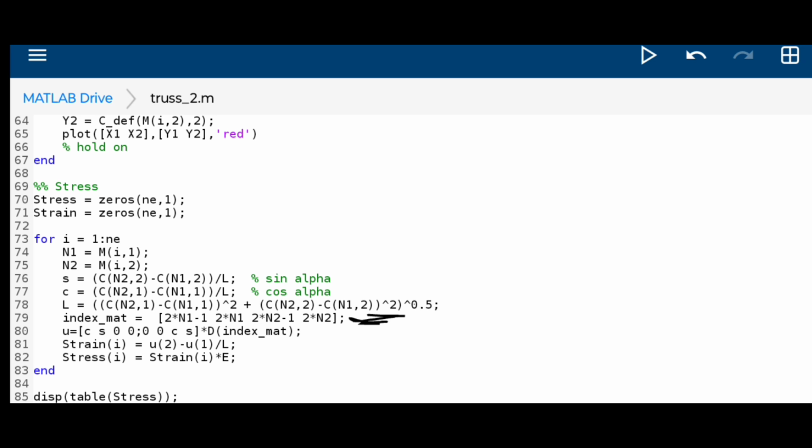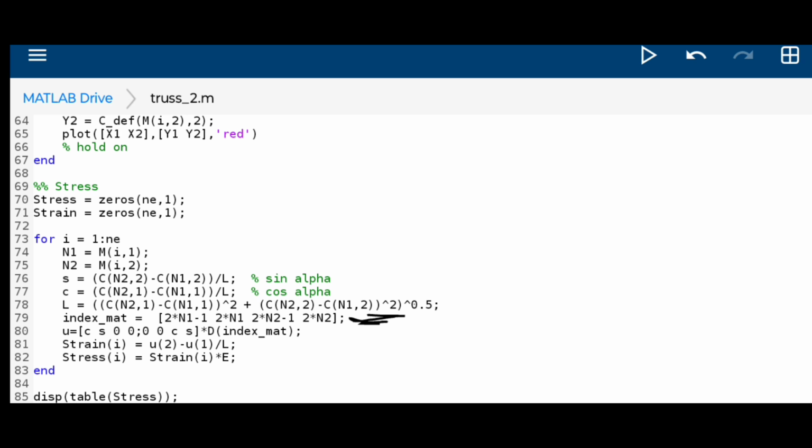We have to convert it into the local, so the transformation matrix is cs 0 0, and the second row 0 0 cs, cos and sin. So we will get these u in terms of the global. This vector is of size 4 cross 1, and this is 2 cross 4. So 2 cross 4 into 4 cross 1 will give us 2 cross 1.